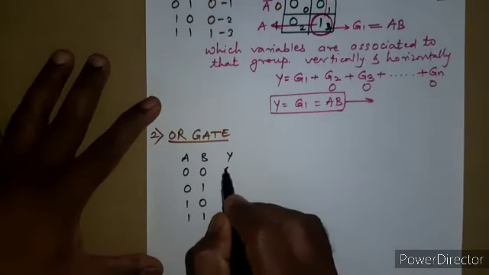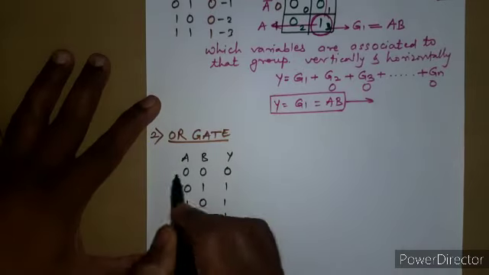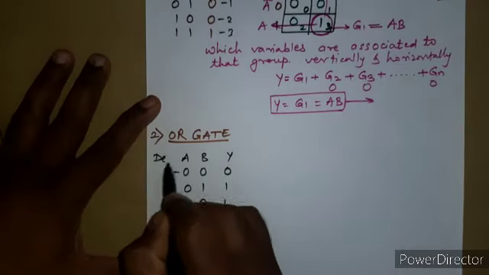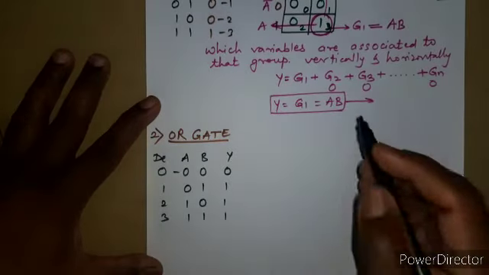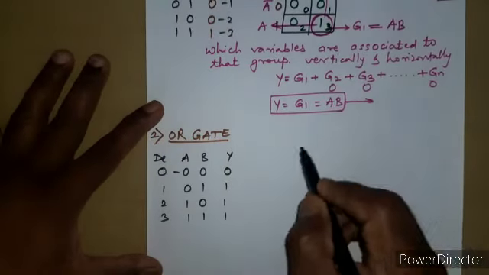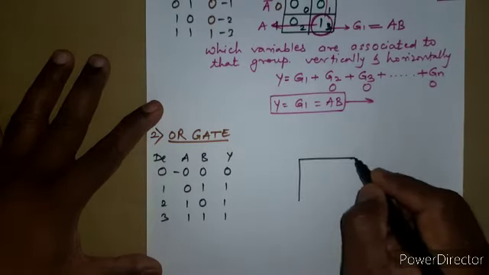Right? So the output is 0, 1, 1, 1. Here, binary to decimal wise, it is 0, 1, 2, 3. Now again, since we are looking at a 2 input gate, we need to have only 4 boxes.